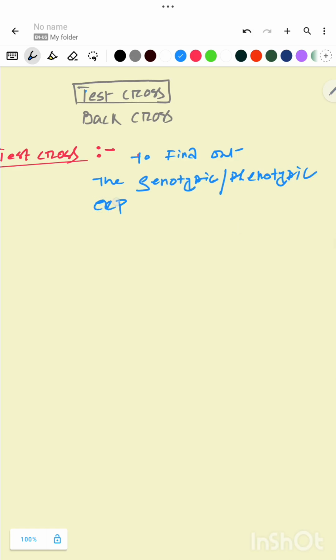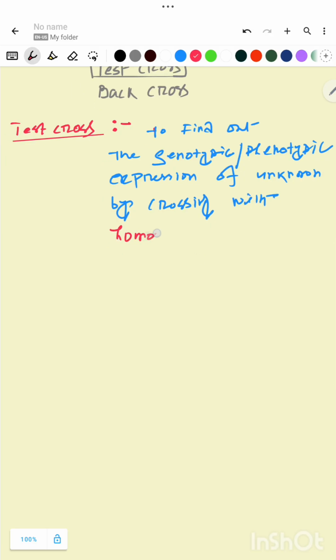You find the genotypic and phenotypic expression of the unknown by crossing it with a homozygous recessive.